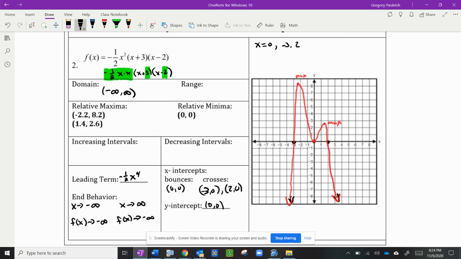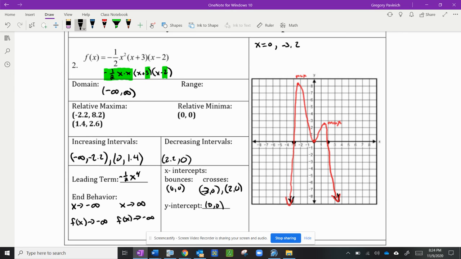Increasing interval, that would be from negative infinity up to the x value of that first max, which is negative 2.2. My next interval would be decreasing, from negative 2.2 to 0. The next interval will be increasing from 0 to 1.4.